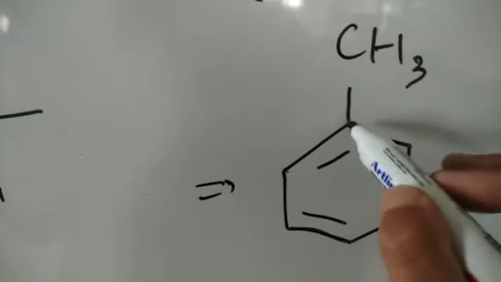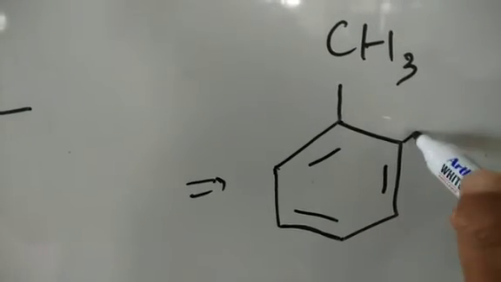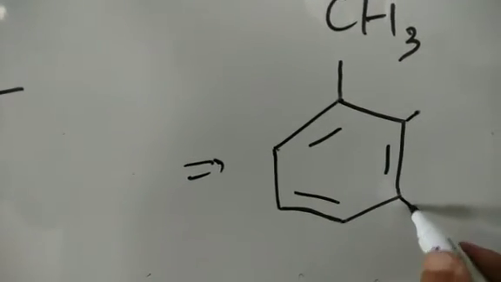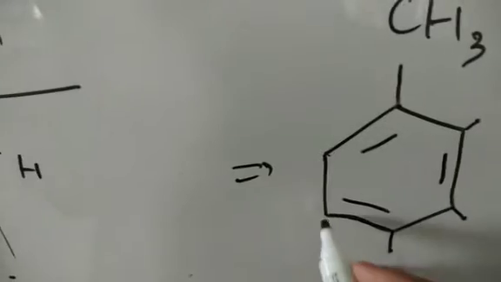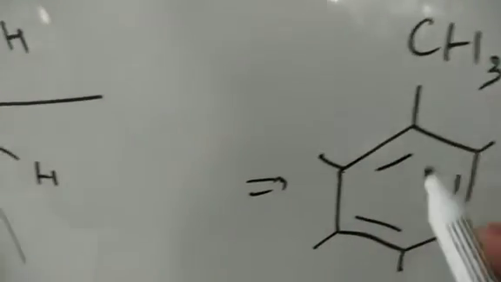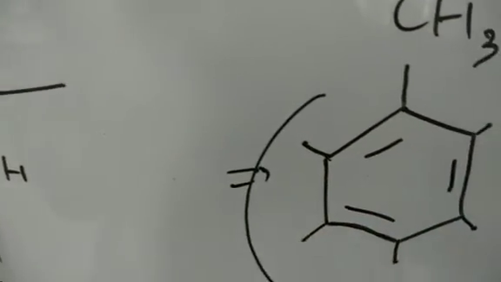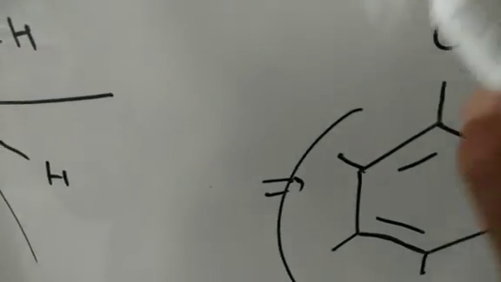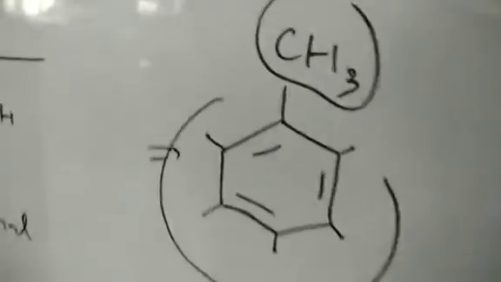Now we have replaced one of the protons. We have 1 proton here, 1 proton here. In benzene there are 6 protons, so one of the protons has been replaced by CH3. So now we have these types of protons here, on one side, and one from this side. The question is how many signals are there?